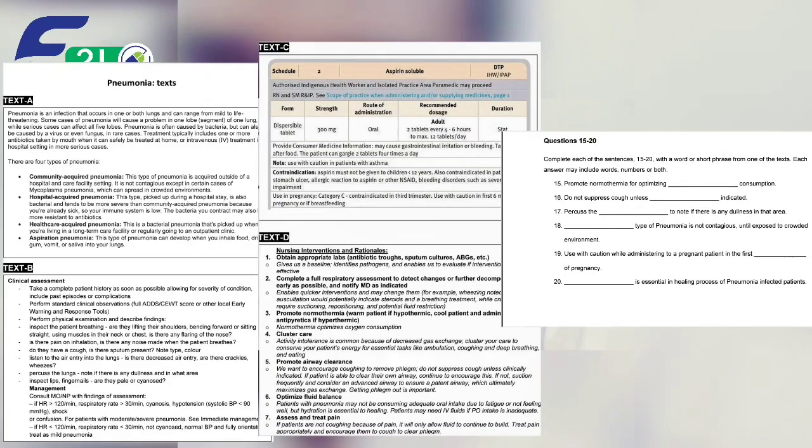20. Dash is essential in the healing process of pneumonia infected patients. So what is very essential for the patient for the healing process? You can take 1 minute to get your answer, and after that I will go through the answers from 1 to 20.